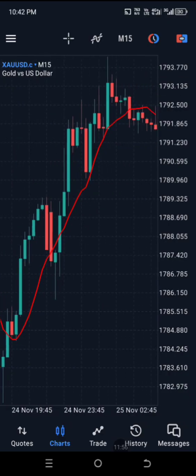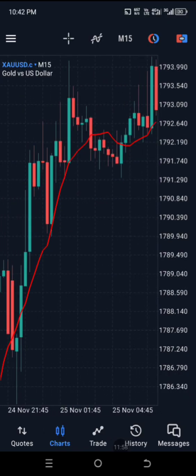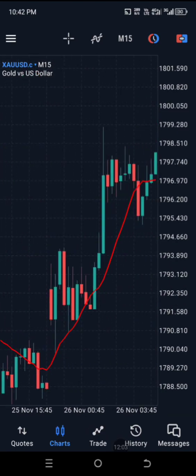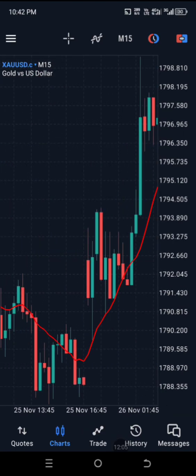It's either moving upwards or it's moving downwards. That's a bullish trend and a bearish trend.